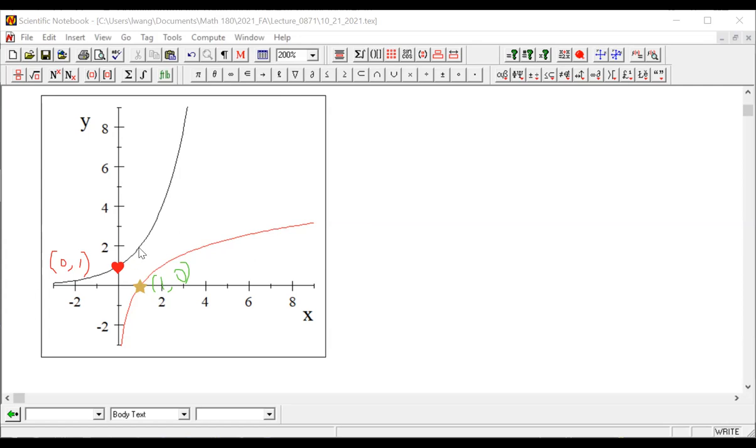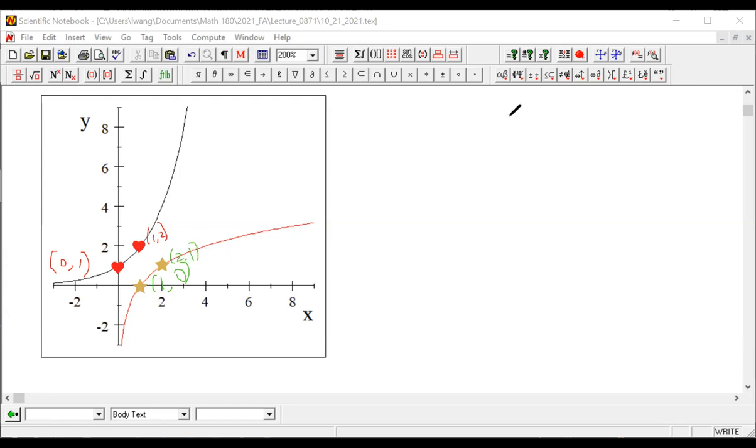Another point over here. Another point over here. This point is 1, 2. And this point over here, the star, is 2, 1.